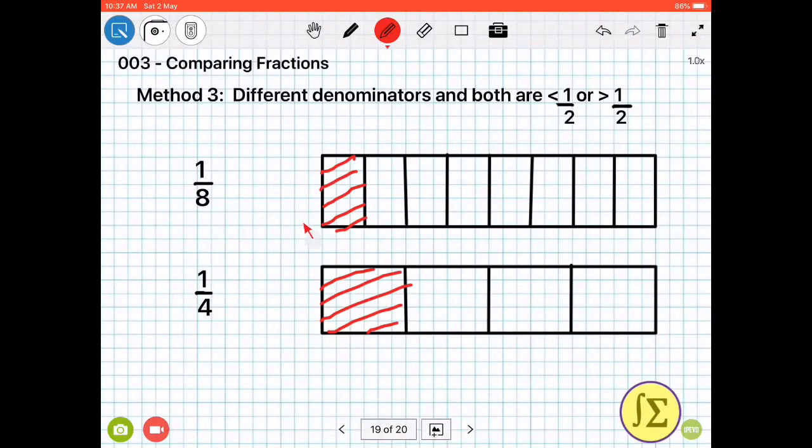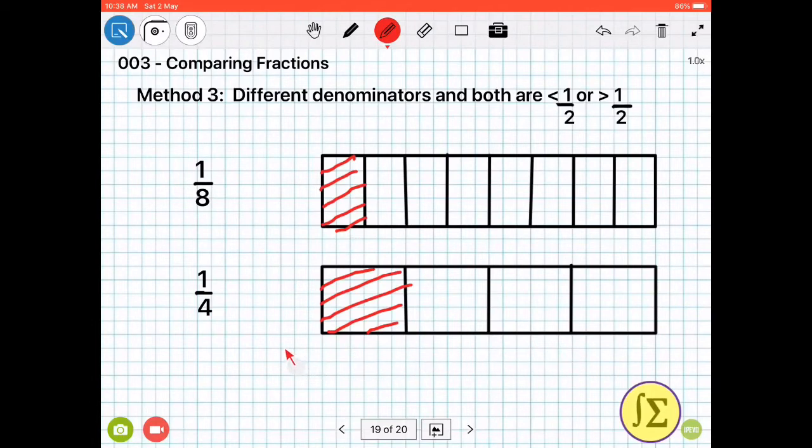Because we have divided this rectangle into 8 equal pieces, and we have divided this rectangle into 4 equal pieces. Of course, when you divide a rectangle into more pieces, each slice will be smaller compared to dividing a rectangle into a lesser number of equal pieces.